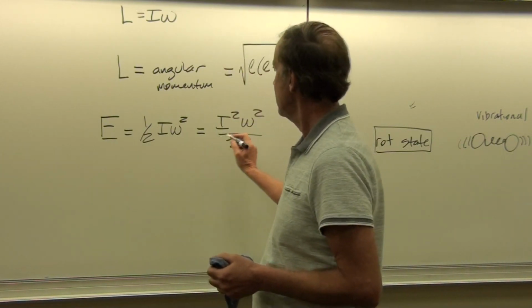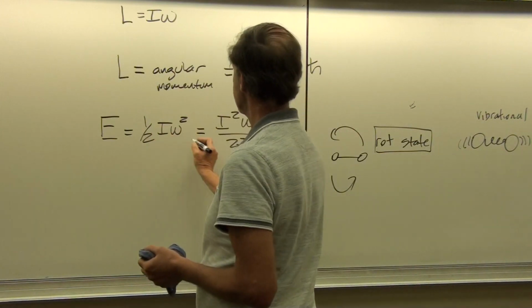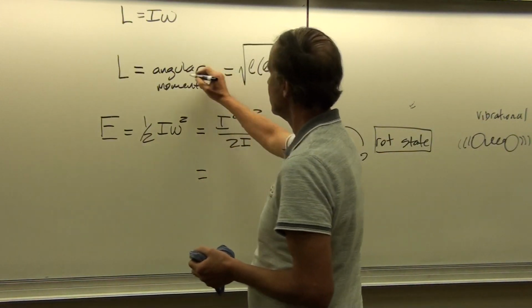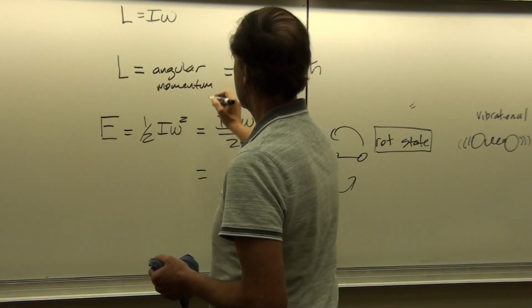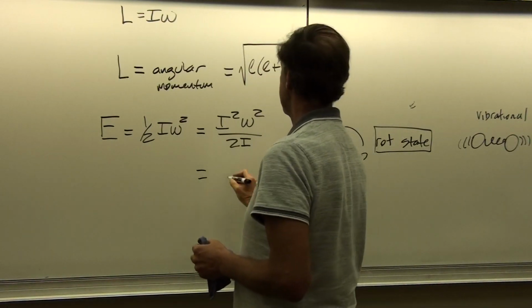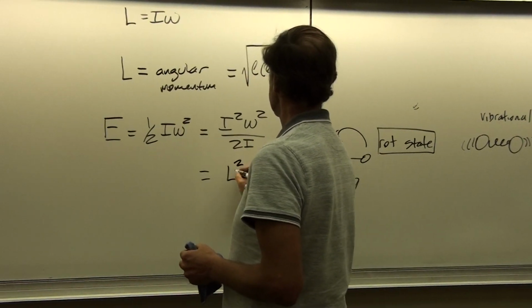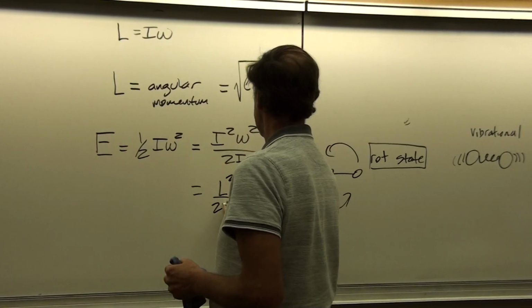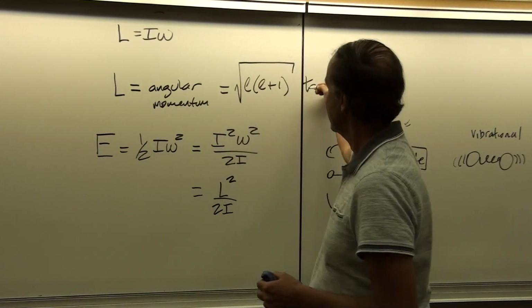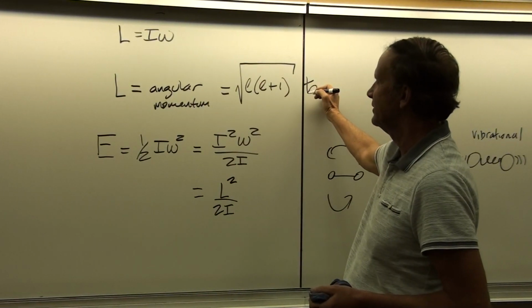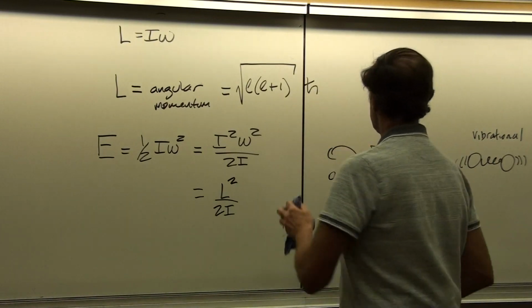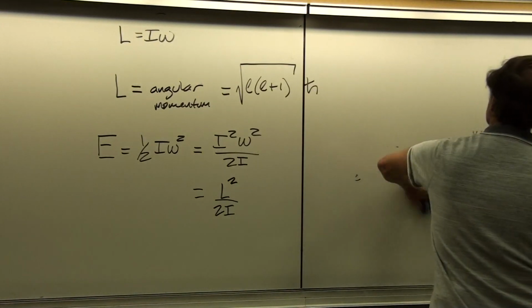And so here, instead of writing it as 1/2 I omega squared, we're going to use the more fundamental quantity of angular momentum, and write this as L squared over 2I. Because L already has this quantum mechanical formulation associated with it. And then what's the I?